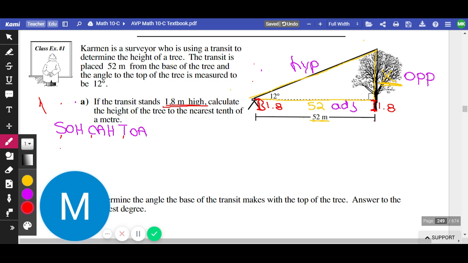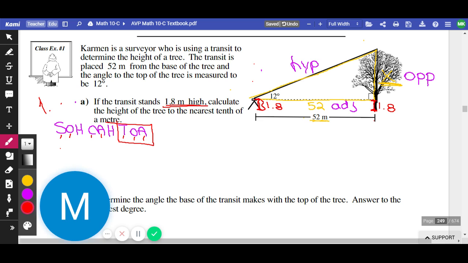Looking at this triangle, I know the adjacent is 52, so I put a check under A for adjacent. I want to know my opposite, because that's what the height of the tree would be, the opposite side, so I put a check under O, and one of my things will have 3 checks. In this case, TOA. TOA means that for this question, you need to use the tangent ratio.